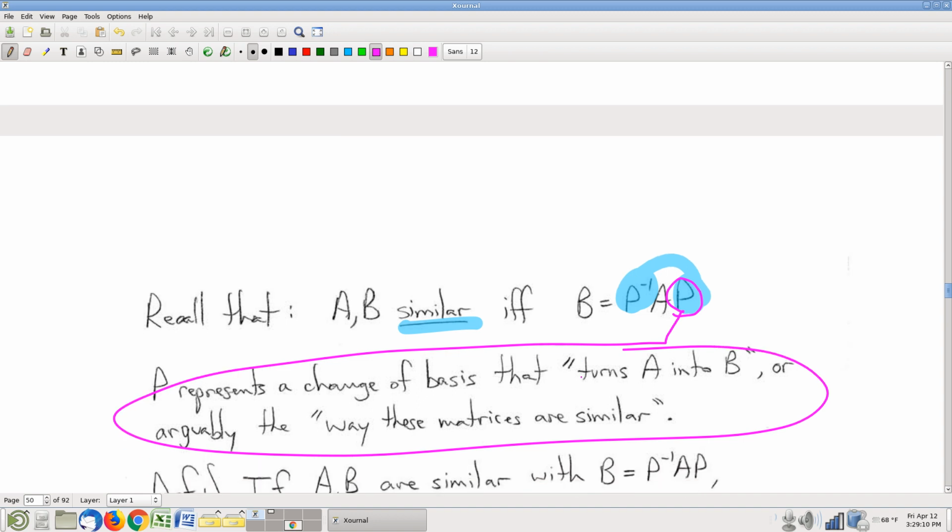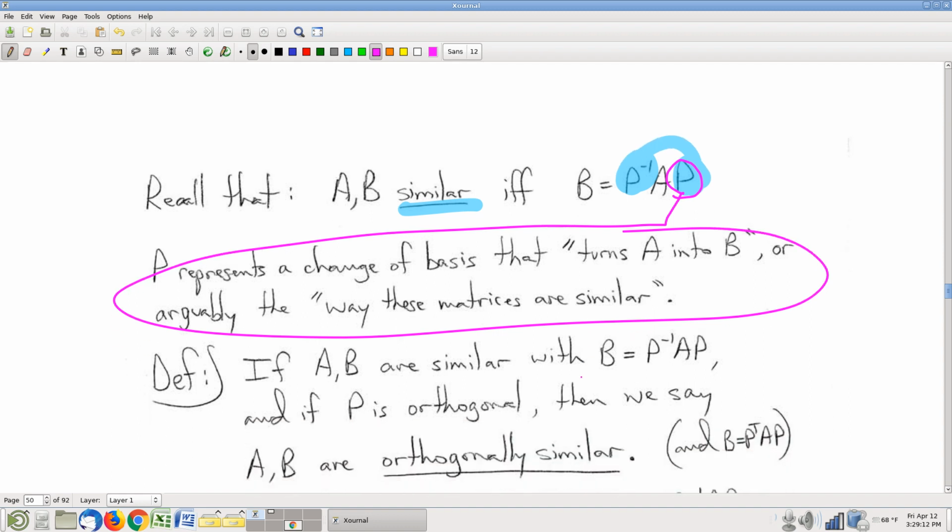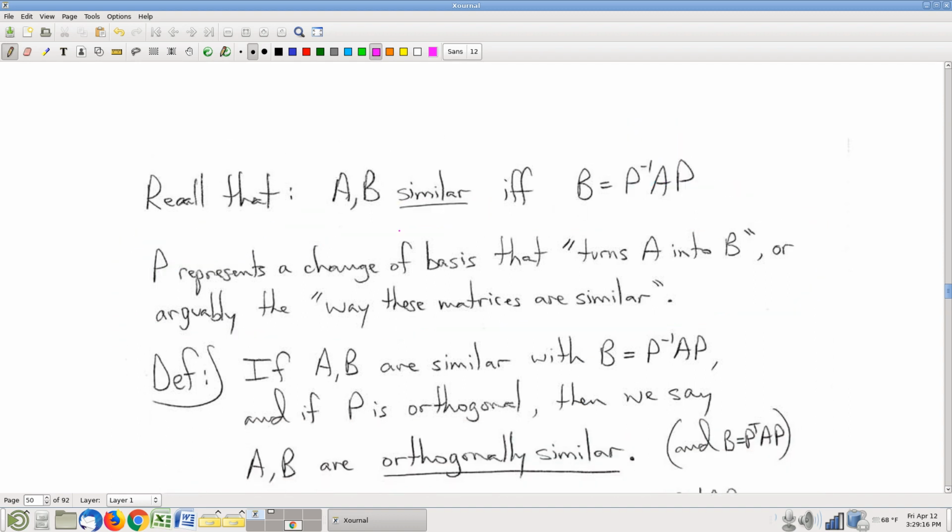So let me give you an explicit example of what I'm talking about. I think this is a very plausible definition. Suppose we have two matrices that are similar. Don't forget similar means conjugation. Right? Let's suppose that I were to know that not only can this be done, but furthermore, this conjugation can be found by way of a very special matrix, a matrix that is orthogonal, let's just say.